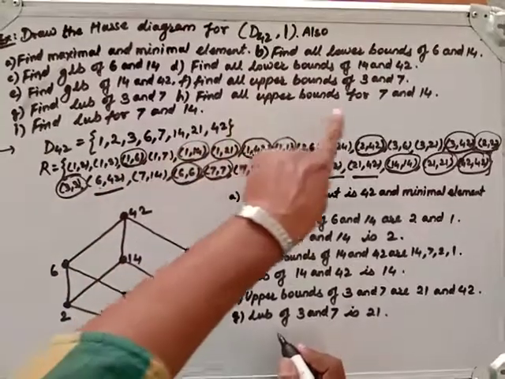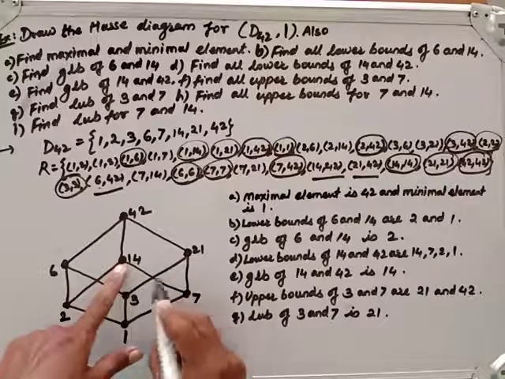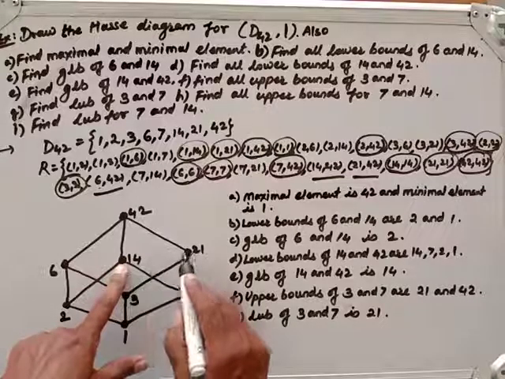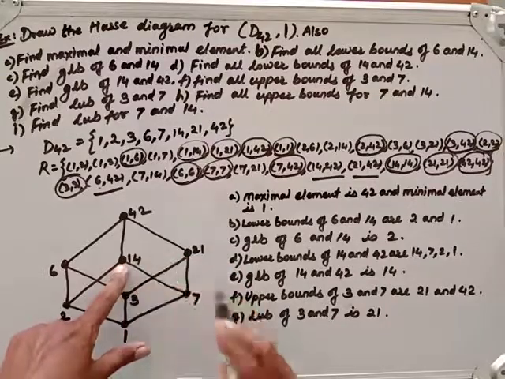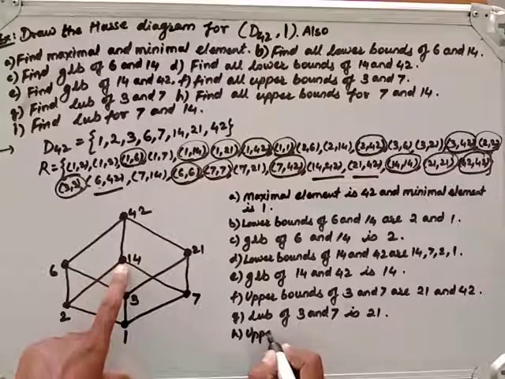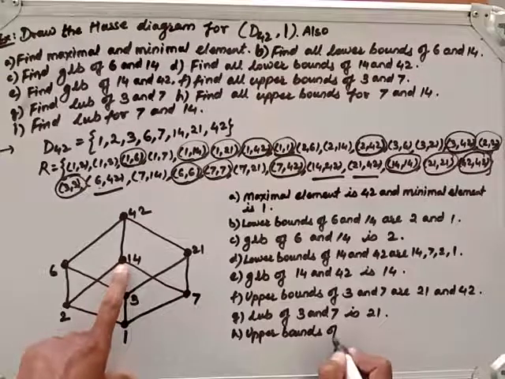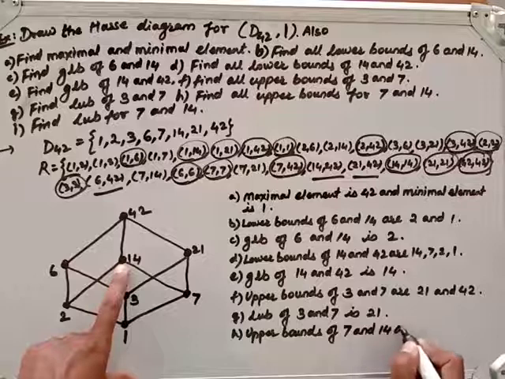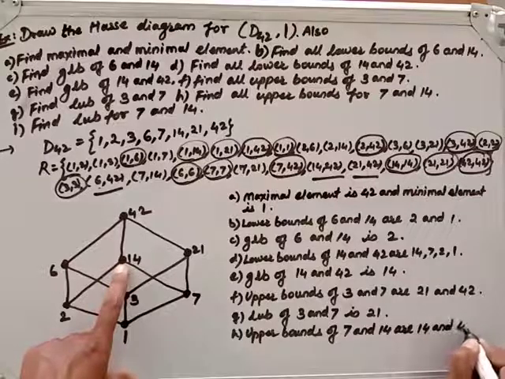Okay. Find all upper bounds of 7 and 14. It will be 14 and 42, only 14 and 42. So the upper bounds of 7 and 14 are 14 and 42.